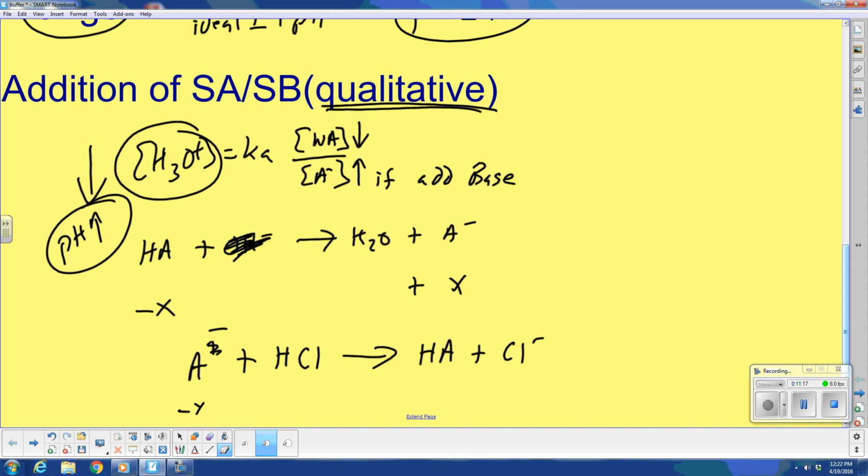It's going to be minus X, and this is going to be a plus X. And so what's going to happen? This is going to go up. This is going to go down, which means this is going to go up, which means my pH is going to go down.